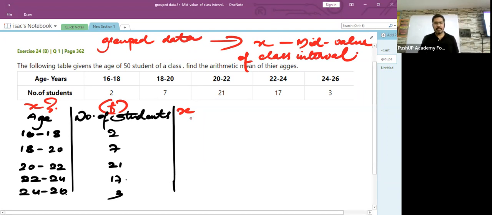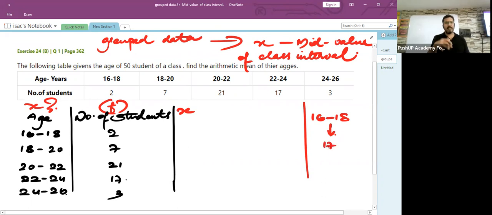Children, 16 to 18, the first class interval. Can you tell me what will be the mid value of 16 to 18? It should be 17. I believe you all have done this in school. That is why I'm going a little fast over here. How do you find the mid value of any given class interval?